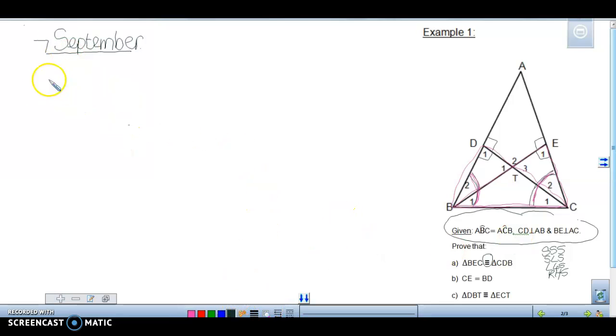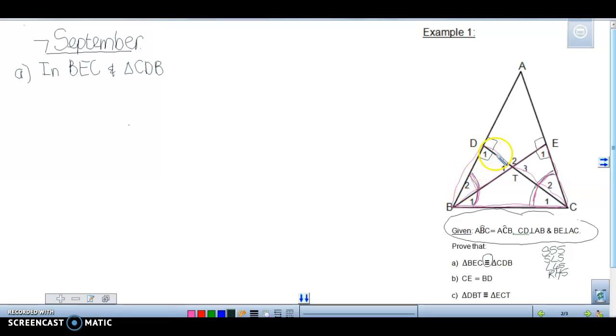I think I can prove that. So for number A, we're going to say in triangle BEC and triangle CDB, let's write everything that is equal.